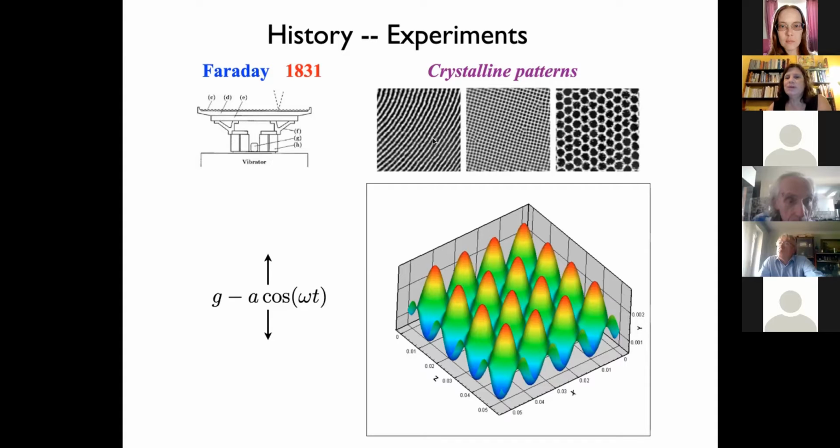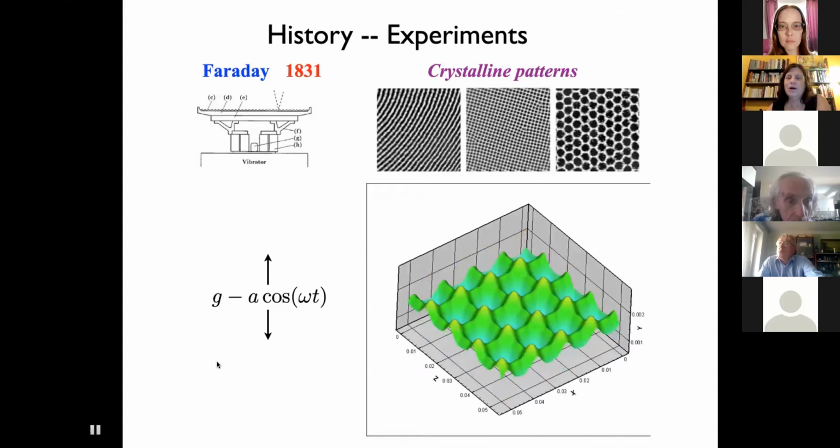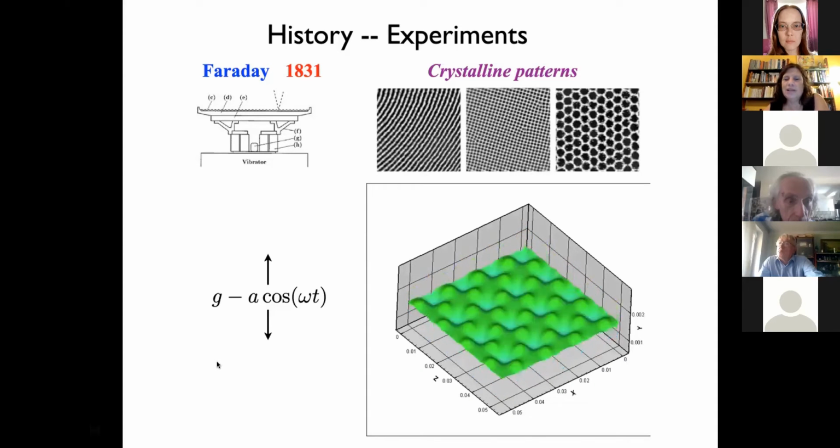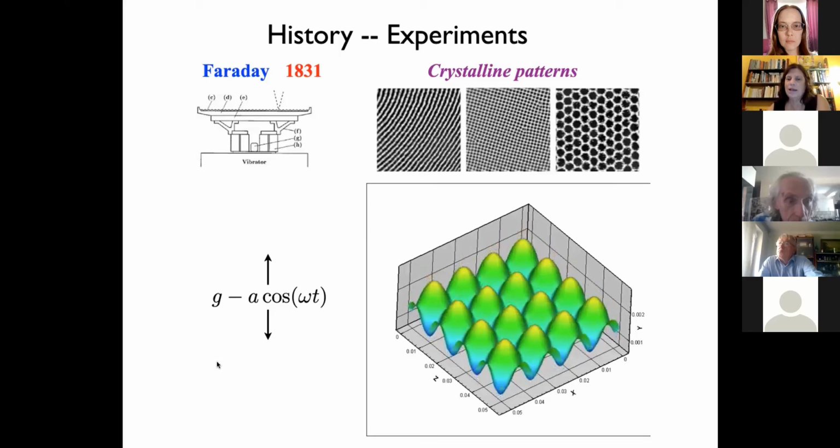And here are some typical patterns of stripes and squares and hexagons. And here is a film of our numerical simulation of the square pattern here.